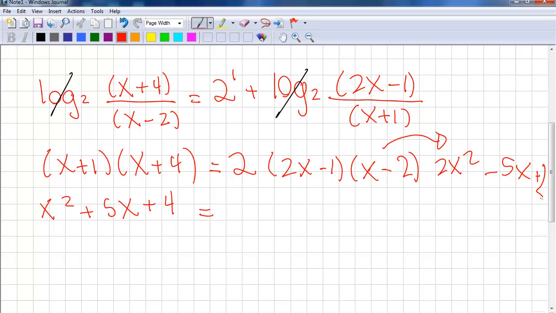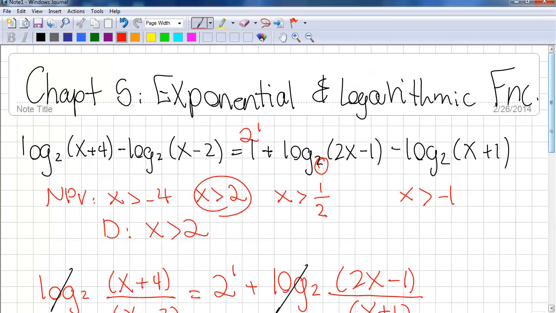Sorry for that being very messy. So now you want to put that here. We know 2 multiplied by 2x squared is going to give us 4x squared, and 2 multiplied by negative 5x is going to give us negative 10x, and 2 multiplied by 2 gives us a 4.